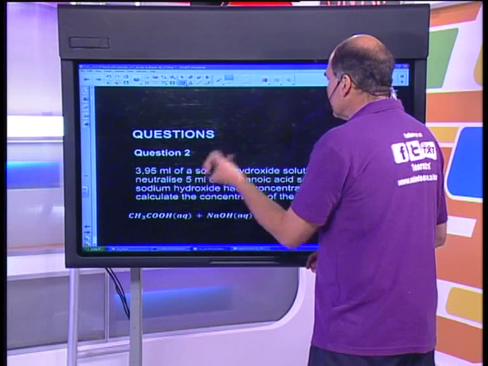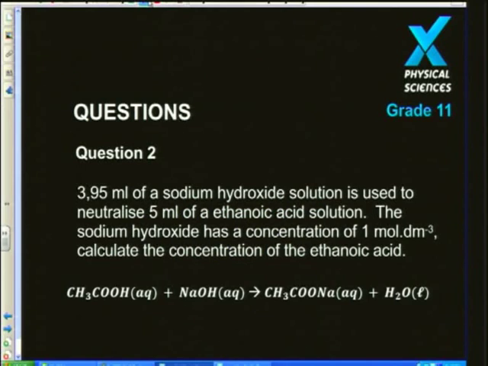Excellent. Here's a question. We're not going to have time to do it because it's so similar to the previous one, so I'm going to skip it. But here's a word that I want to just explain: ethanoic acid. Ethanoic acid is an organic acid. It has a formula of CH3COOH.